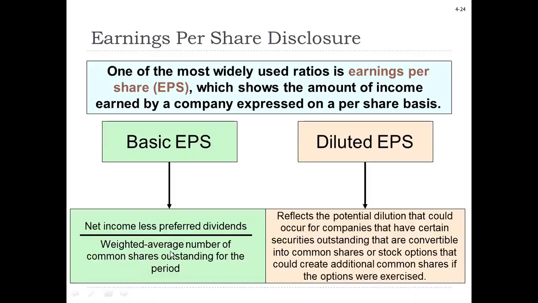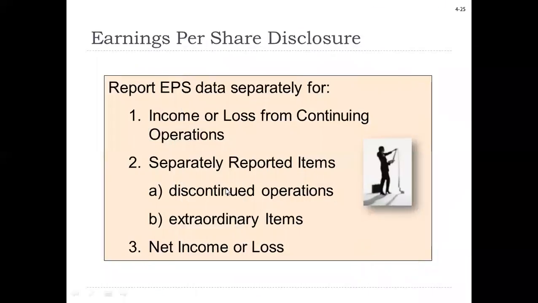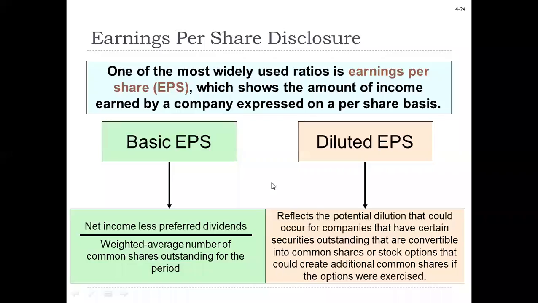On the other hand, if we did change the number of shares outstanding by issuing more shares of common stock or by buying back shares of common stock, then we have to do a weighting of the shares. We'll go over this in homework, how to compute the weighted average number of shares of common stock if it changes during the year.